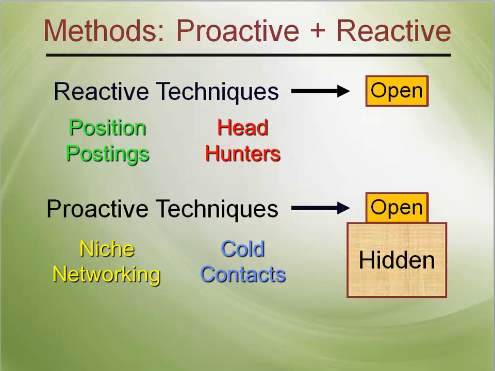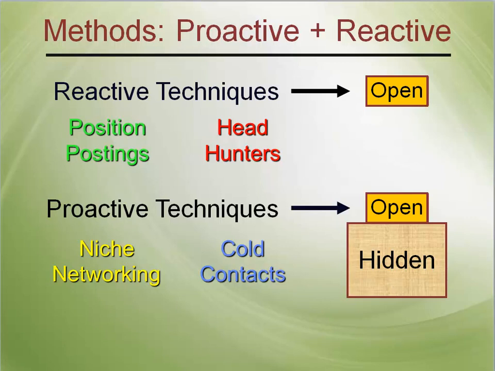Those would be like internet websites like Monster or Career Builder, or print media like the classified ads, or company listings such as internal postings or external listings. The second reactive technique is headhunters. They're like retained search consultants or contingency search consultants or employment agencies.